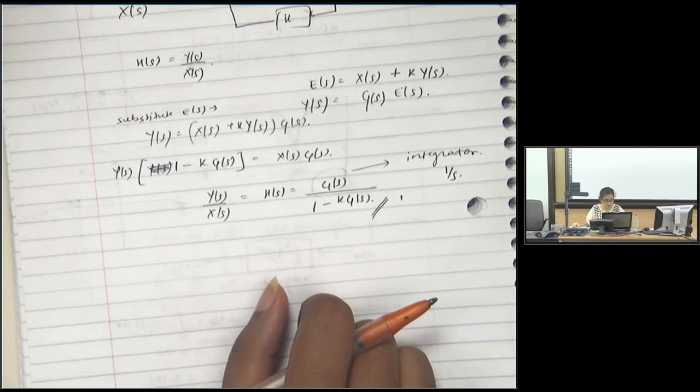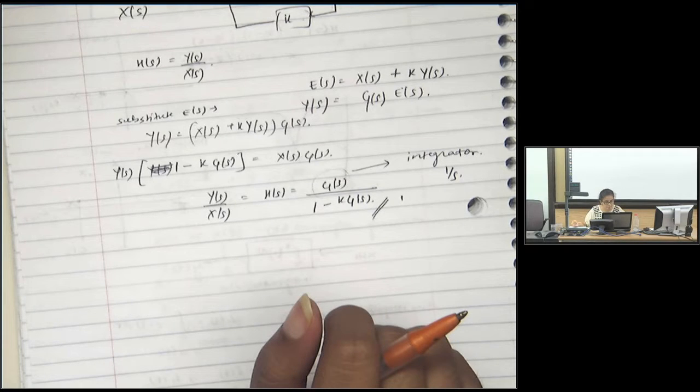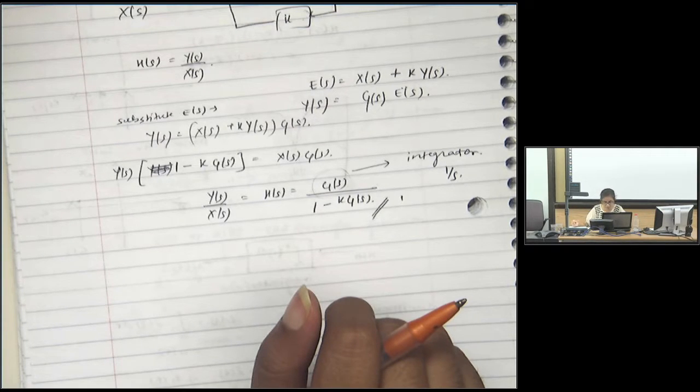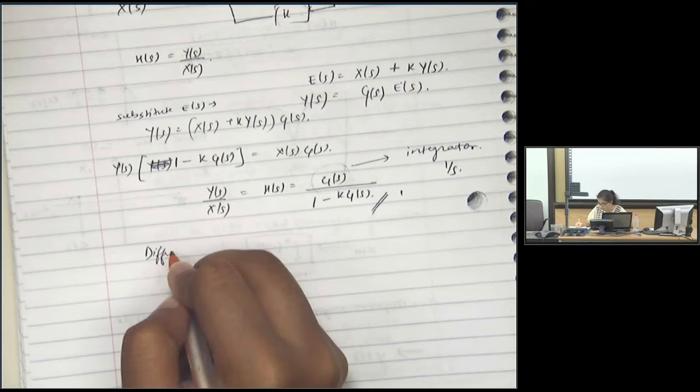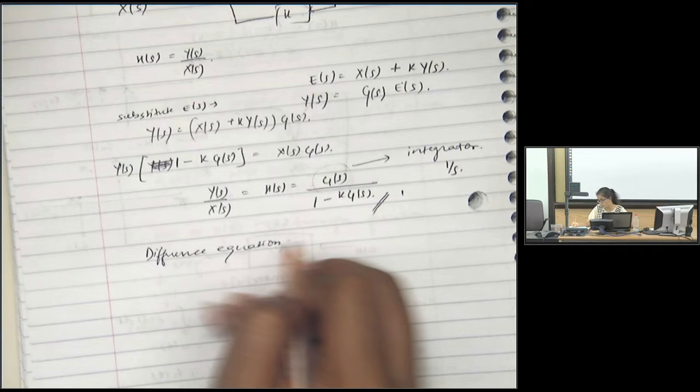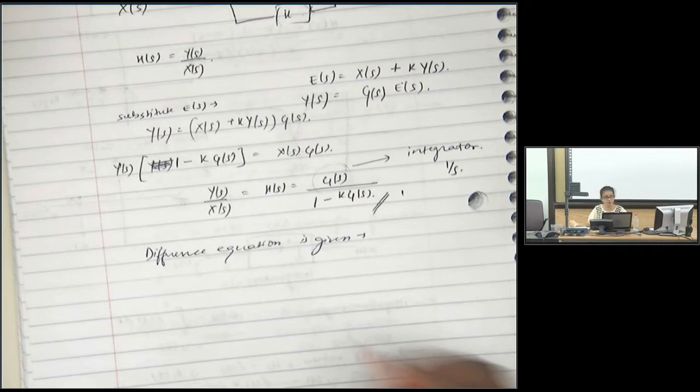Now, let's go over some other stuff. Another thing in terms of block diagrams is when a difference equation is given to you and you need to represent that as a block diagram.